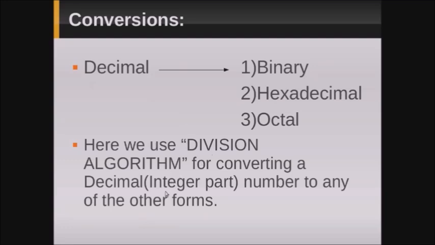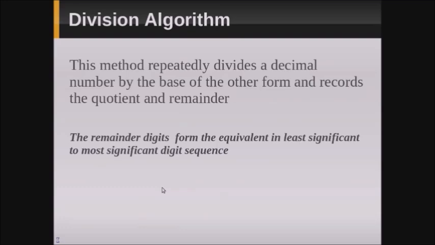Okay, now in this I would be showing only the integer part but not the fractional part. Initially we'll see what the division algorithm is. This method repeatedly divides a decimal number by the base of the other form and records the quotient and remainder. So here we have to divide the given decimal number by the base of the destination, and we have to preserve the remainder in each and every step.